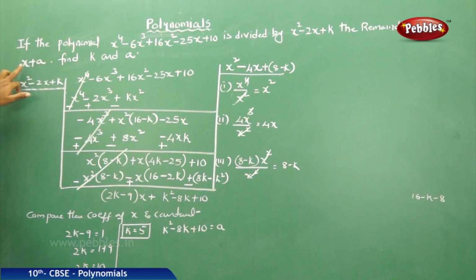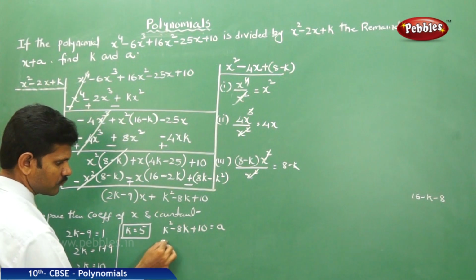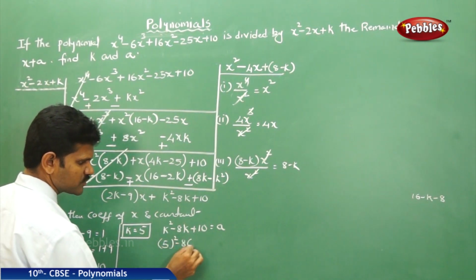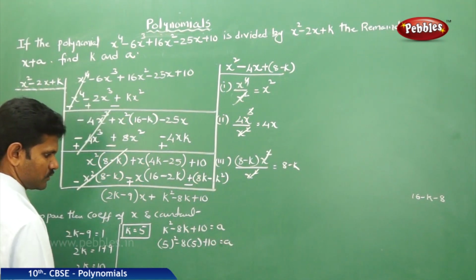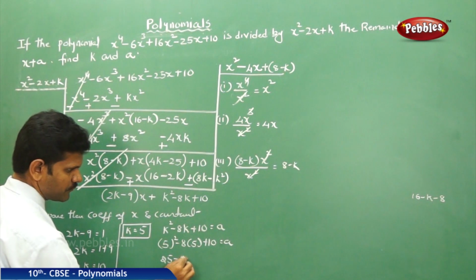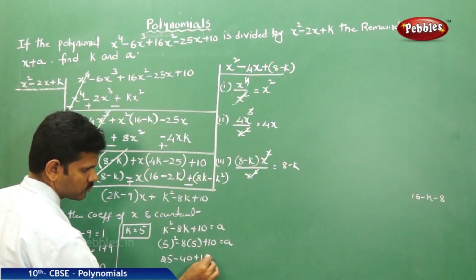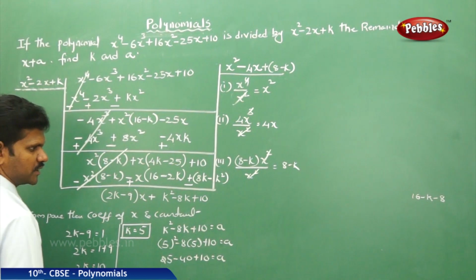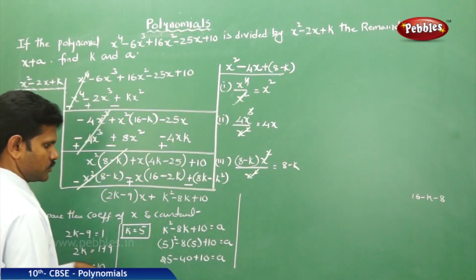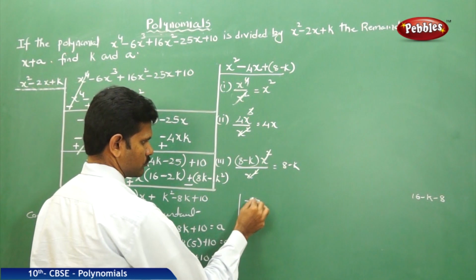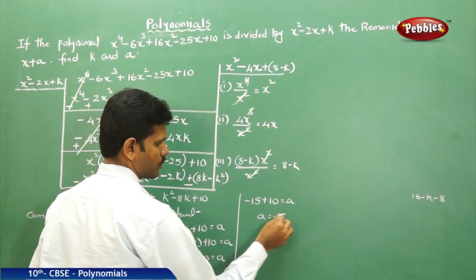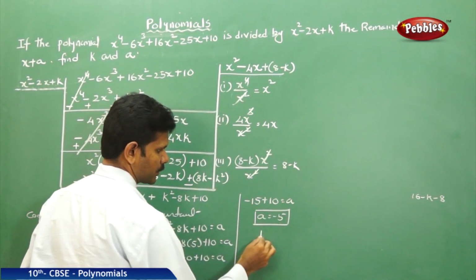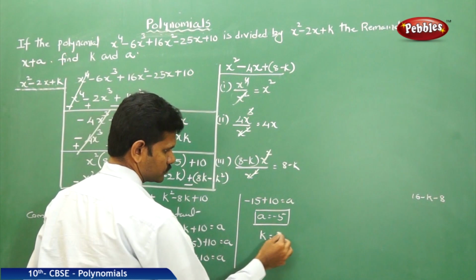Because it is x plus a, the x coefficients are compared, now the constants. Now the k value is 5, so 5 square minus 8 times 5 plus 10 is equal to a. 25 minus 40 plus 10 is equal to a, that is minus 15 plus 10 is equal to a, therefore a is equal to minus 5 and k is equal to 5.